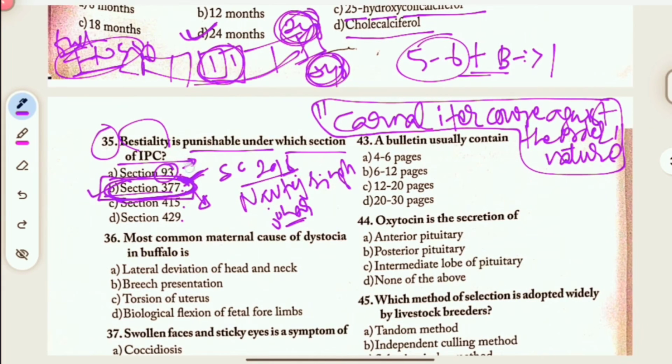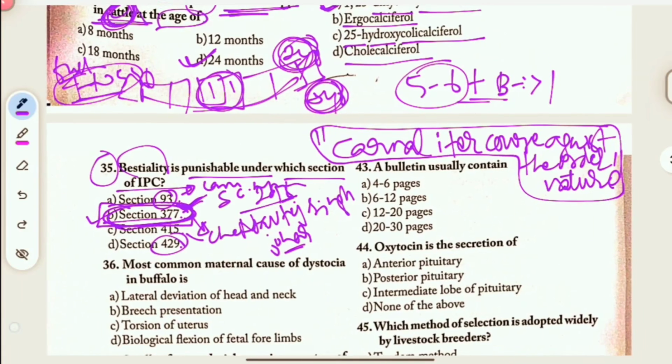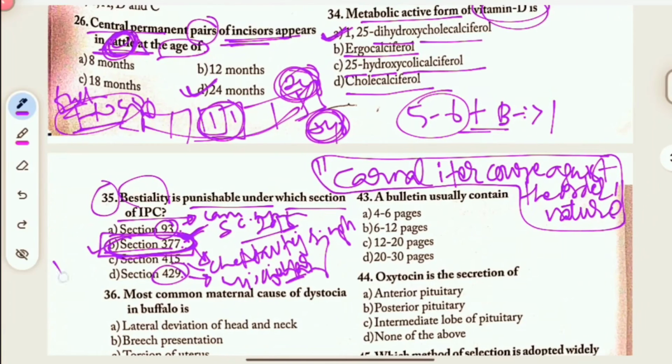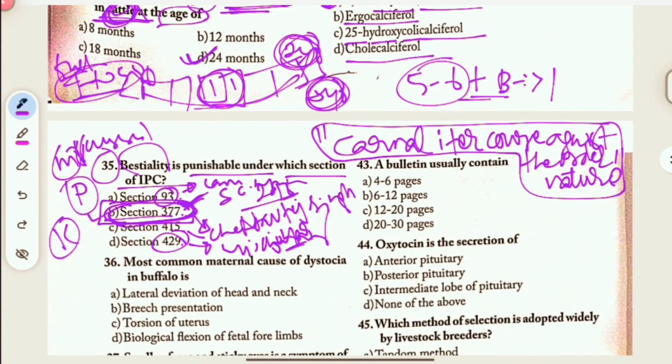Section 93 says communication made in good faith, section 415 is related to cheating, and section 429 criminalizes mischief by killing, poisoning or maiming, that is rendering an animal useless. So section 429 criminalizes maiming, poisoning and any other mischief.